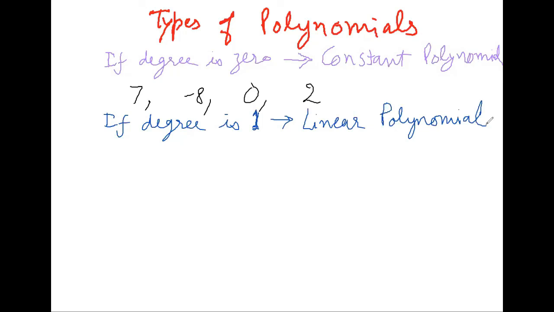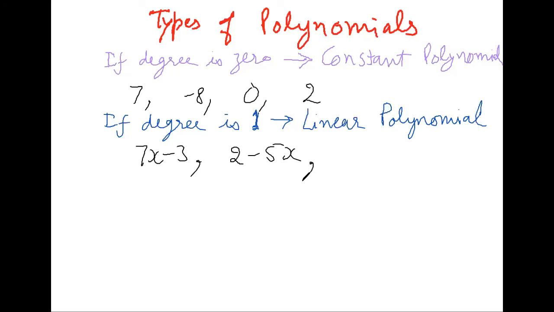Let us take examples. Write first. This you have written with the black pen. Suppose 7x minus 3. This is a linear polynomial. Suppose 2 minus 5x. This is a linear polynomial because here the highest power of x is 1, because here the degree is 1.